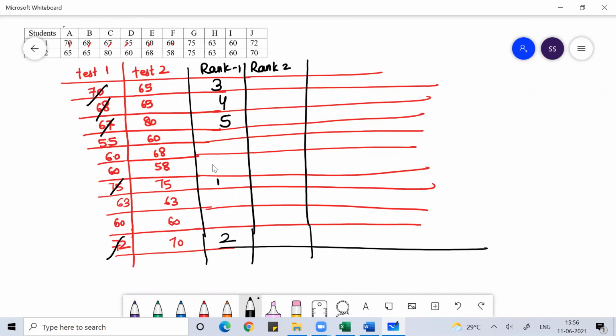Then you can see, guys, there's a tie at 63 after rank 5, so this is rank 6, and after that there's a tie between ranks 7, 8, and 9. Can you understand this?